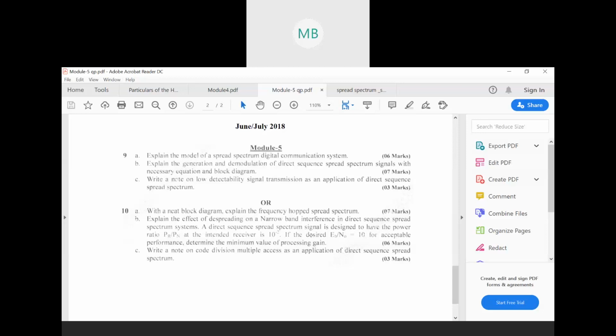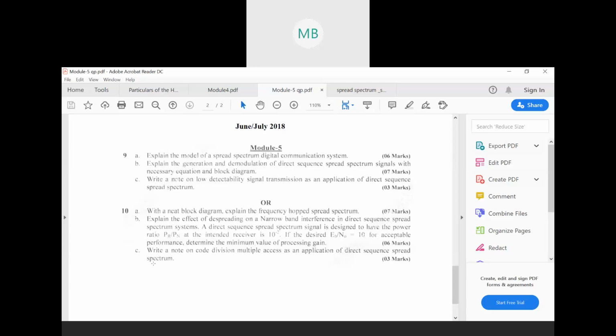Then write the transmitted signal equation u of t equal to Ac v of t c of t cos 2 pi fc t. Then add interference signal I of t. So the received signal is the transmitted signal plus interfering signal, and explain the despreading operation. So multiply this received signal with the locally generated PN sequence c of t. Then you explain what is processing gain and how this processing gain reduces the effect of interference.